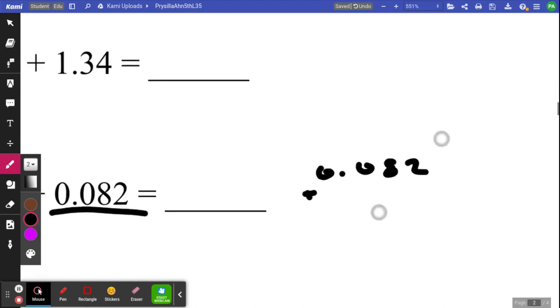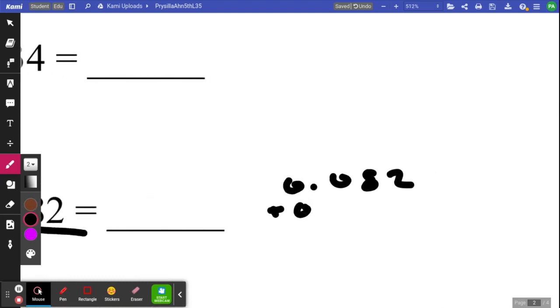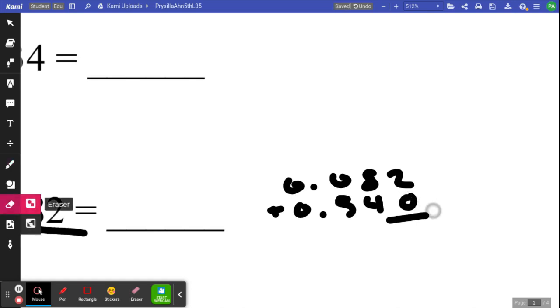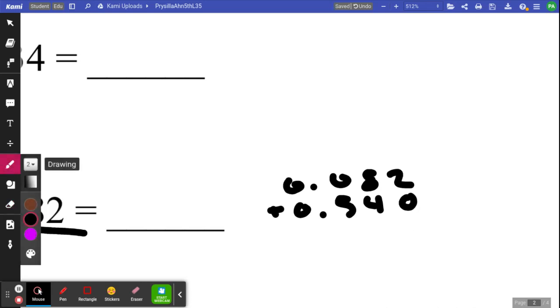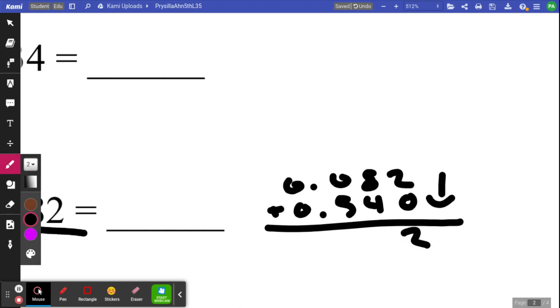If we didn't do the 0, you might get confused on what to do with the 2. And you do have to add. Since 0 is basically no value whatsoever, you replace it with 0, and you just need to add now. So 2, 12, and you get a new answer of 0.622.